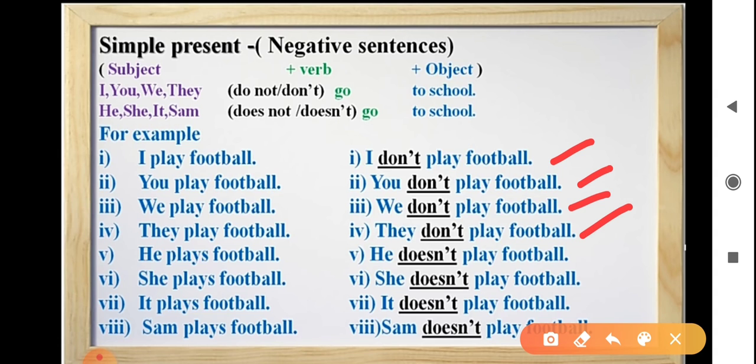He plays football. He doesn't play football. She plays football. She doesn't play football. It plays football. It doesn't play football. Sam plays football. Sam doesn't play football. Now see that don't and doesn't are the abbreviated forms of do not and does not.